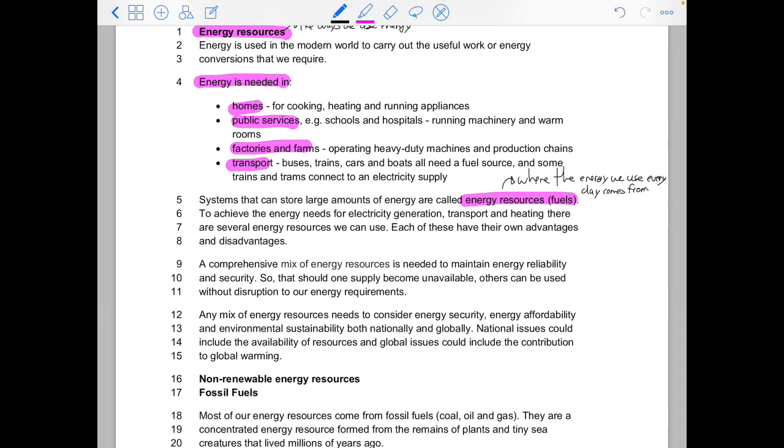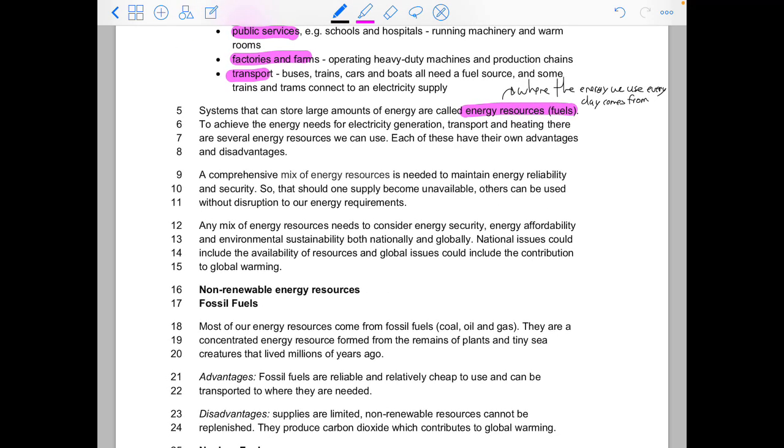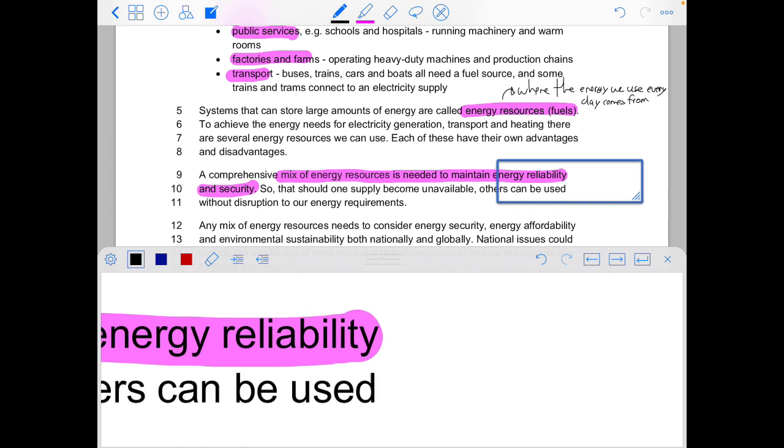All of these different ones have different advantages and disadvantages to them. So we use a mix of energy resources. A mix of energy resources is needed to maintain electricity reliability and security. So this means that if one supply becomes unavailable, others can be used instead.